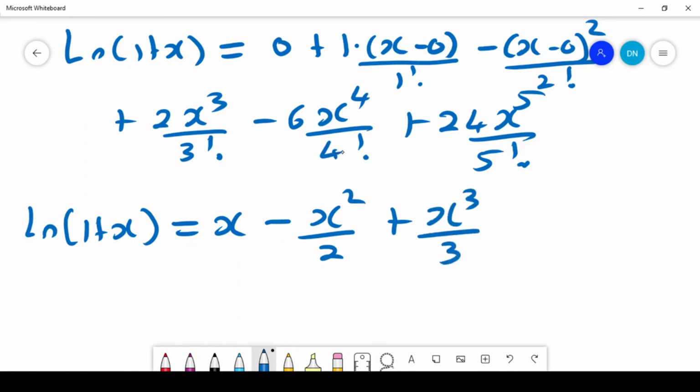Then 4 factorial is 24. 6 and 24, you'll be left with minus x to the 4 over 4. And then remember, 5 factorial is 120. 24 and 120, you'll be left with 5, and the list goes on. So that is what you get from that.